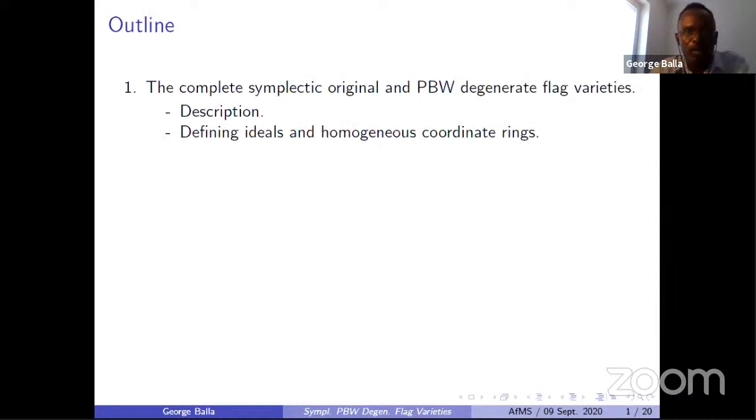In the outline of the talk, in the first part, we will establish the objects of study, which are the complete symplectic flag variety and the degenerate flag varieties. We shall give the description and look at the defining ideals and homogeneous coordinate rings.